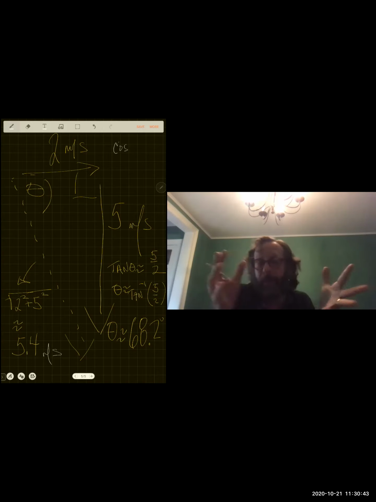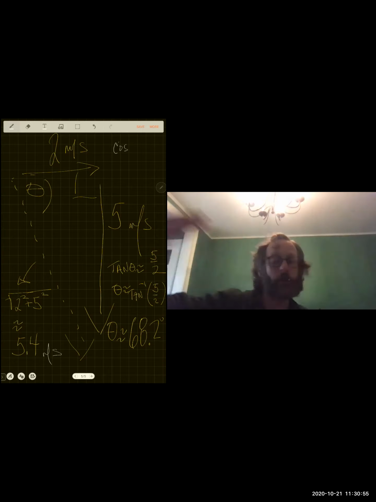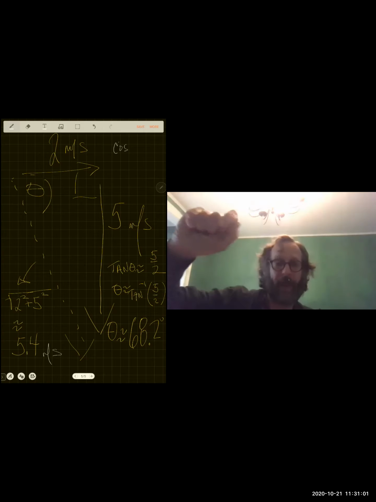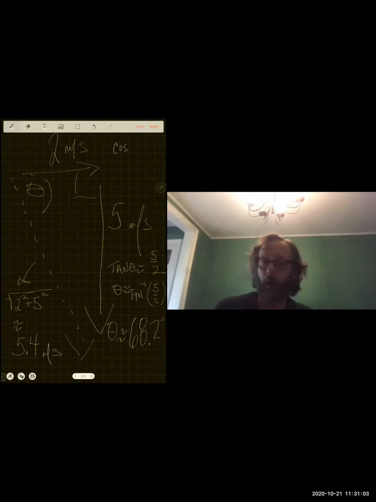These arrows represent something that doesn't actually have any length in space. The 2 doesn't mean that the guy covered 2 meters of distance on the sidewalk. It just means that at this moment you are going that fast. If you were going faster, we would draw a longer arrow, as we did for the rain. Okay, so that's all fine.